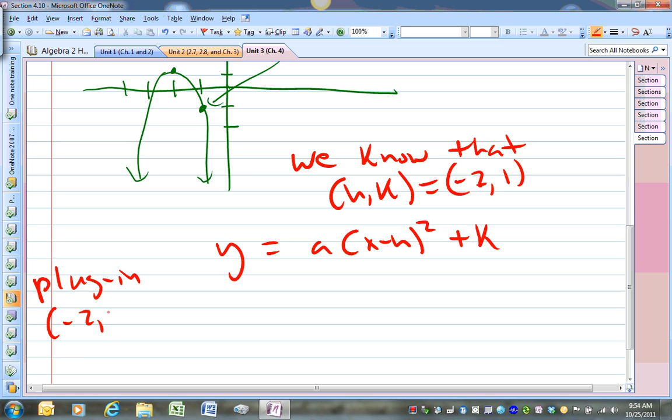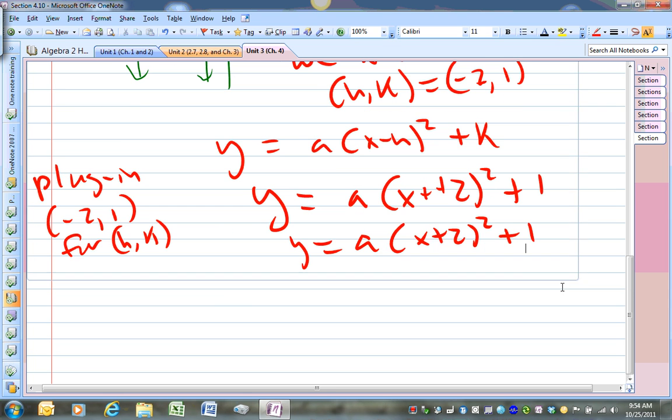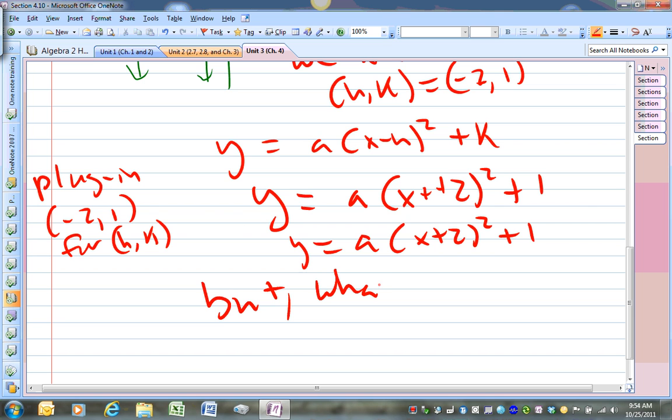Plug in -2 and 1, (h, k). Very simple. So you have (x minus -2) squared plus 1, or y equals a(x plus 2) squared plus 1. But what about a? What's the story about a?